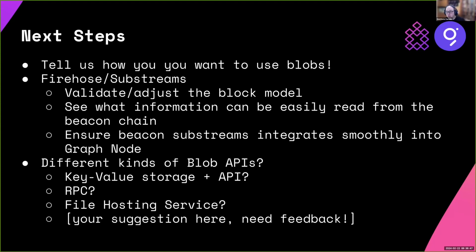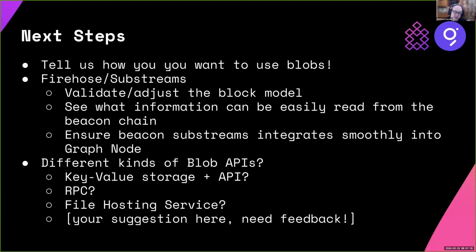But short term, this implementation is pretty recent, so we're still validating and adjusting the block model. That's why I mentioned it's kind of in beta, because we might make a few changes based on initial feedback from a few community members. We want to see what information we can read from the chain. Is there anything we can get out of the blobs that might be interesting?